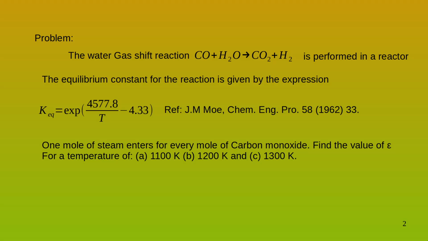For very small changes in temperature, it is fine. But for very large changes in temperature, it is wrong. So, therefore, it is always suggested that you do a reference search or a literature survey and get the value of equilibrium constant, which are published, and then use them to solve any problem.